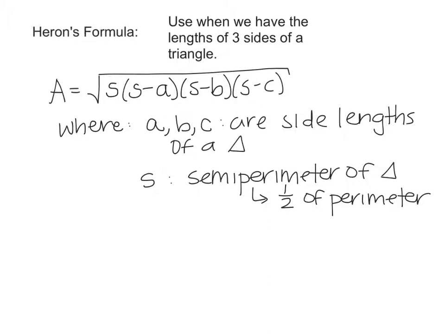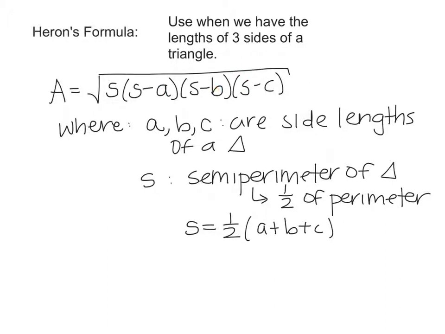And to find that, we have that S is equal to 1/2 of A plus B plus C. Okay, so when we use this, we're going to have to figure out the semi-perimeter first, and then we can use that for each of the S's that we have up in our area formula, okay?